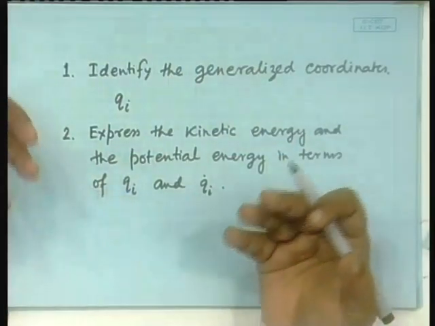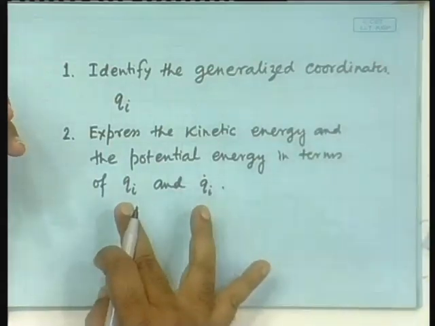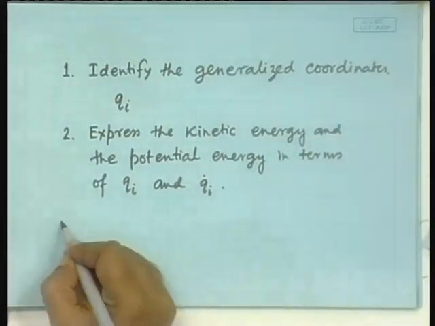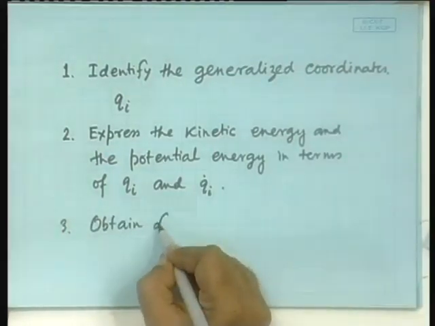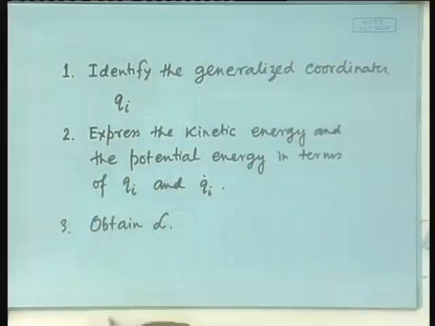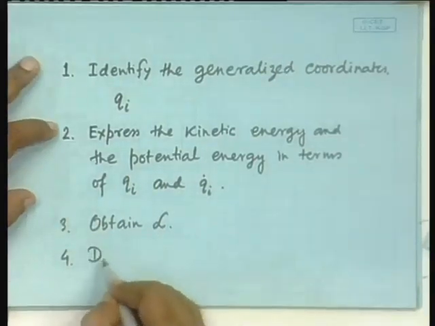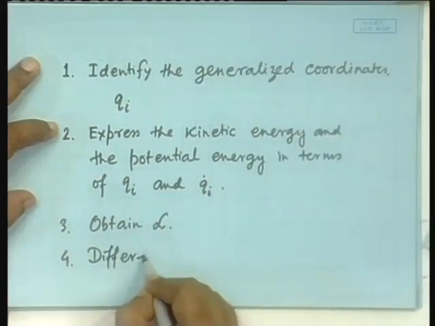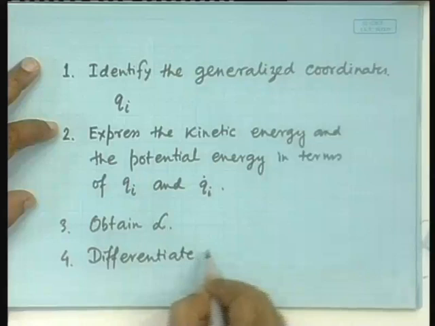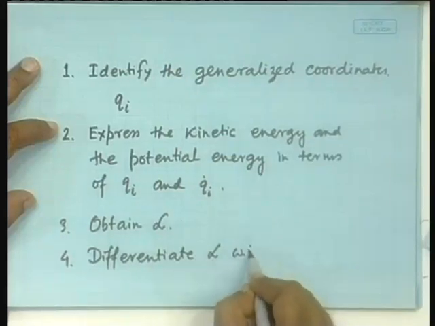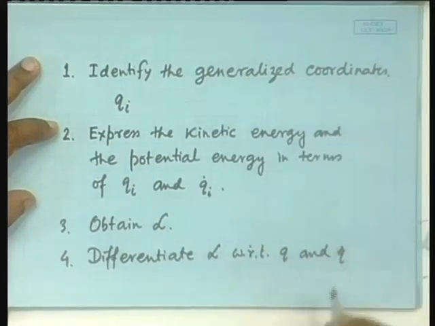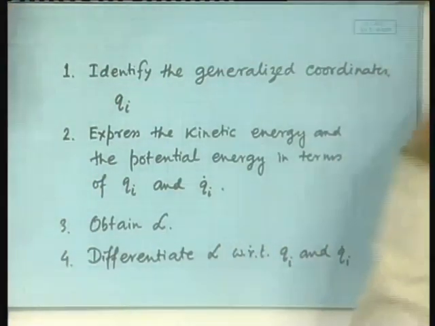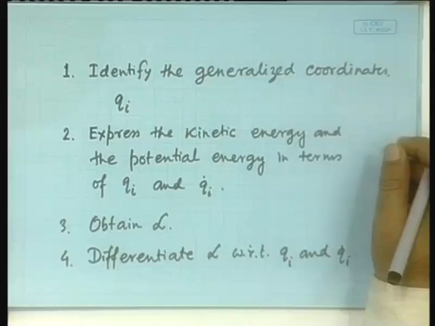Now, express the potential energy and the kinetic energy in terms of this q i and q i dot. Then that is it. Then we just substitute in the Lagrangian equation.